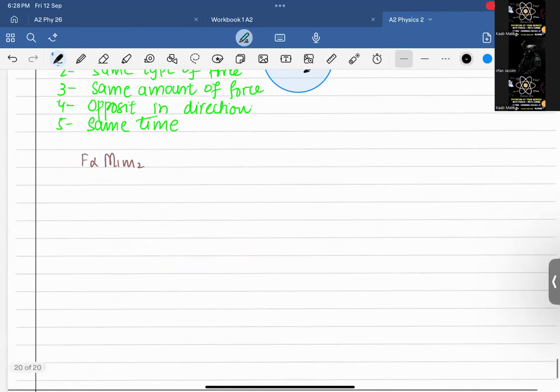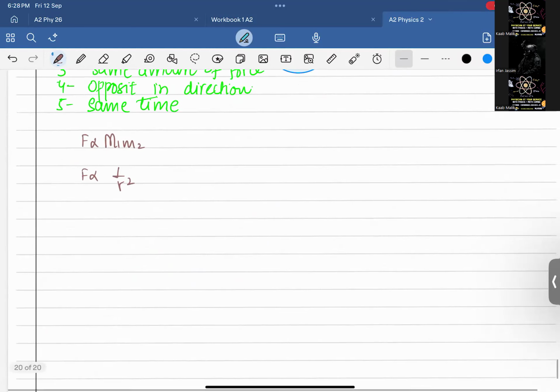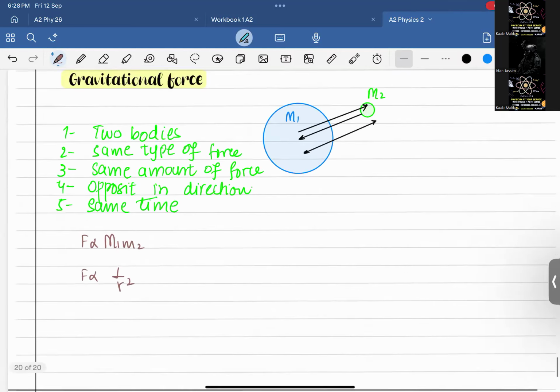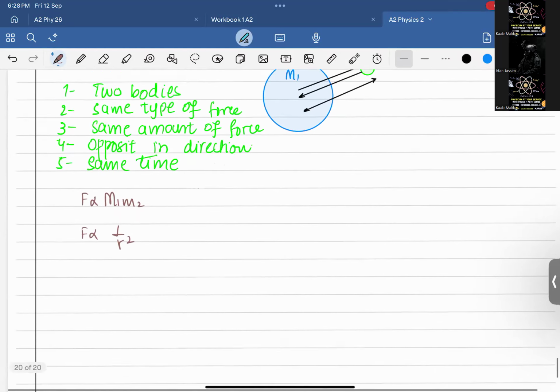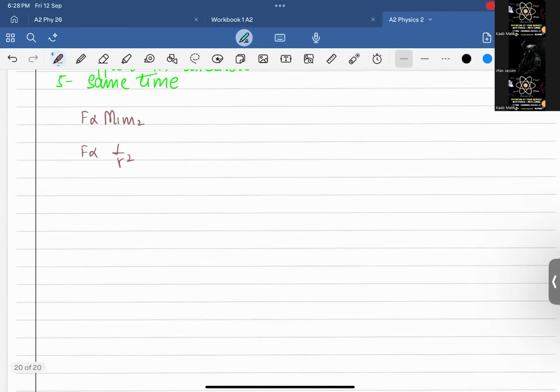So the second relation is inversely proportional to r square. The r square is there because of the separation. And if I combine them all, it will give me F is directly proportional to m1 m2, or capital M and small m, divided by r squared.